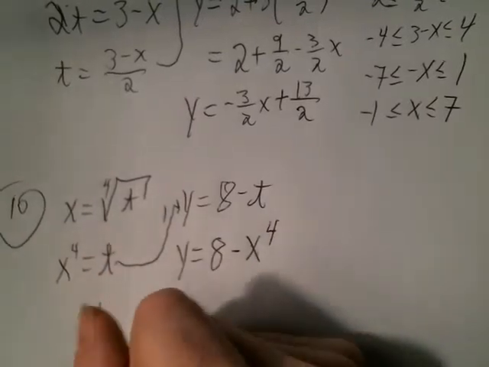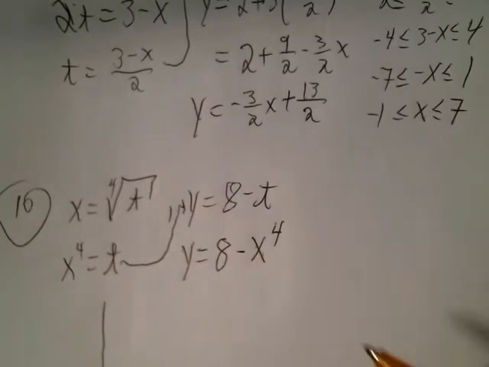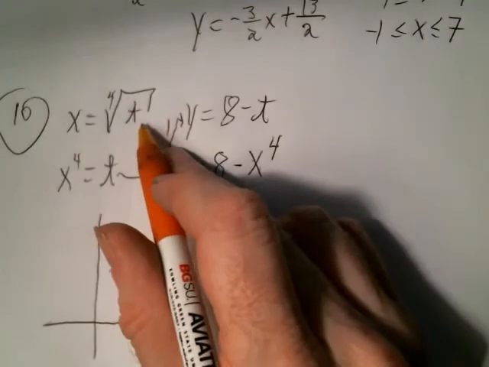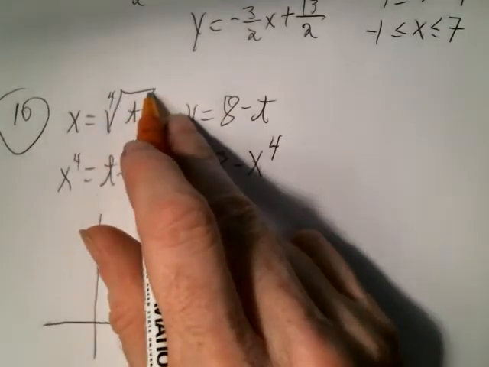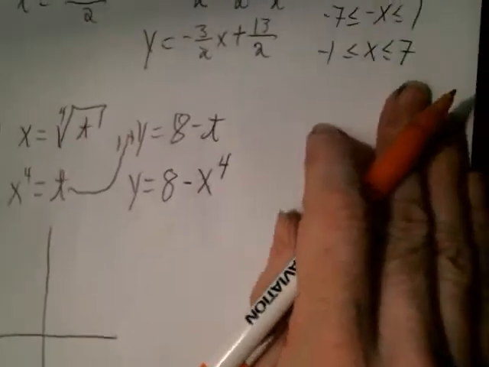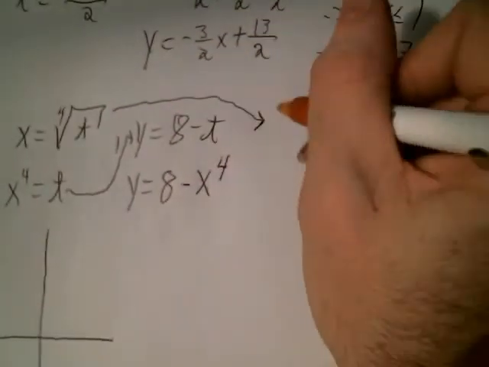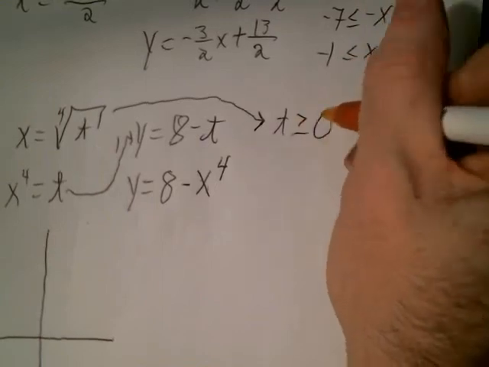Okay, so picture, and we have to be a little bit careful because there is an implied domain for the t values here. Because we have a fourth root, I can't put negatives in the t, so this implies subtly that t needs to be greater than or equal to 0.